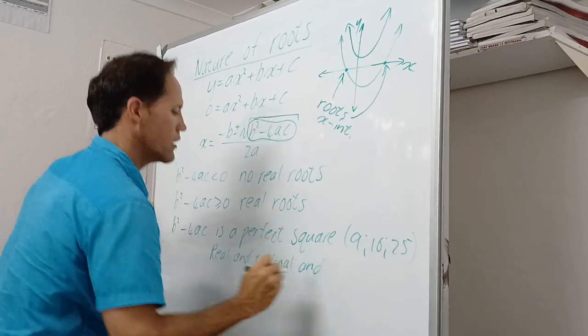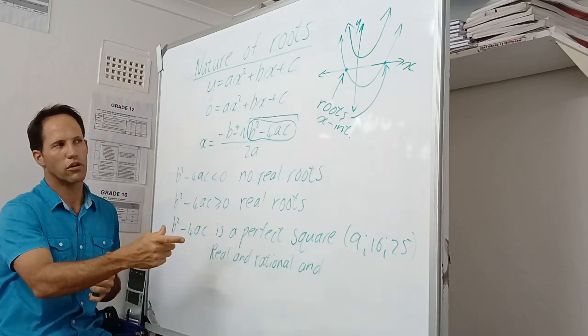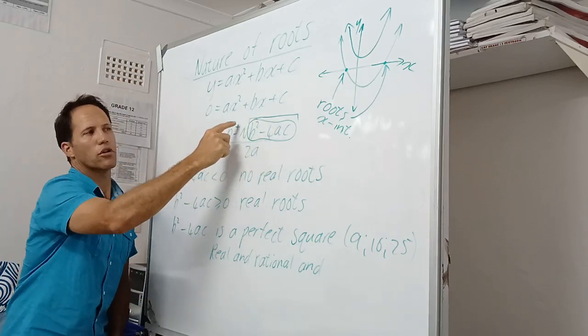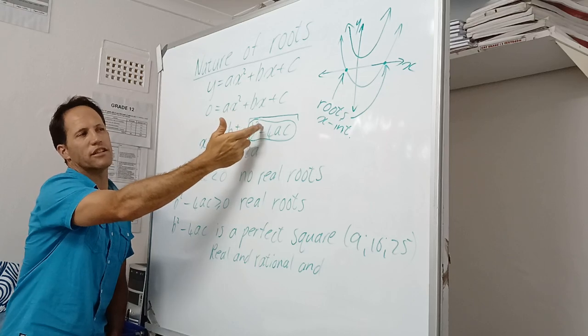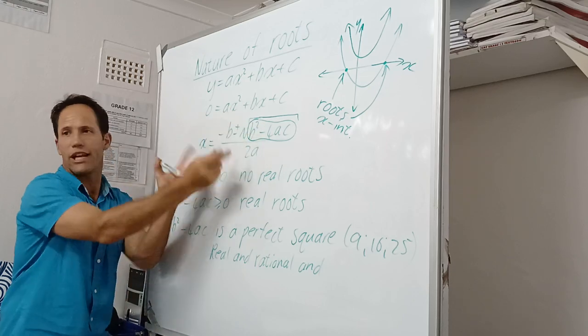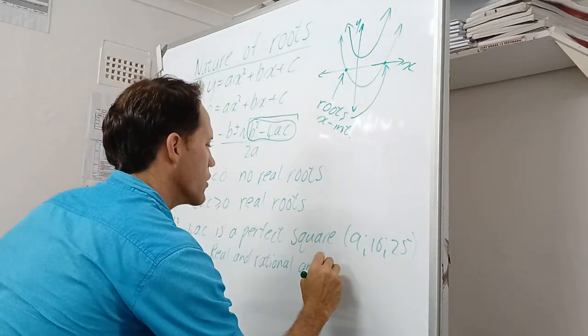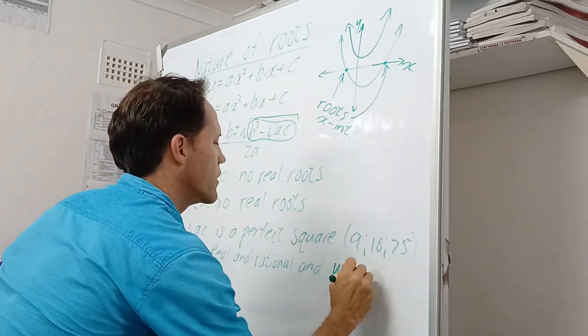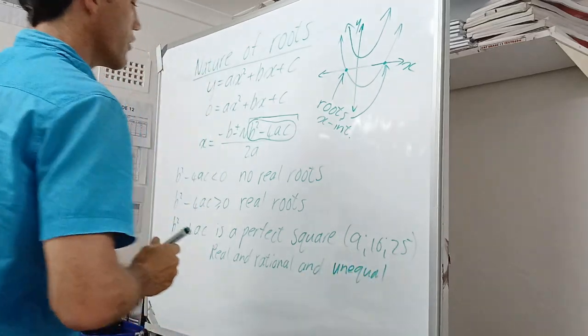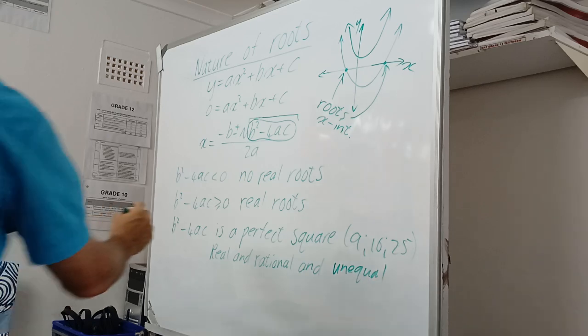And the last thing you can say, if it's a perfect square, is it's going to be unequal. Because then, let's say it's the square root of 16, it's 4. Then it's negative b plus 4, negative b minus 4. So you're going to have two different answers. So then we also say it's unequal. It's not the same. There's not just one root. Real and rational and unequal. Okay, so that's the answer then.